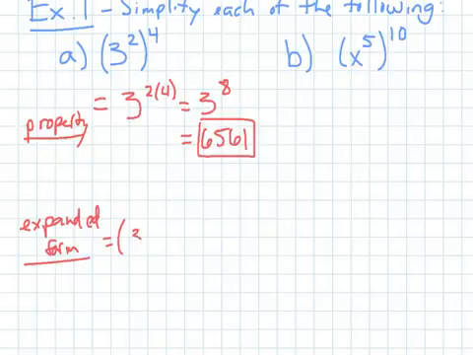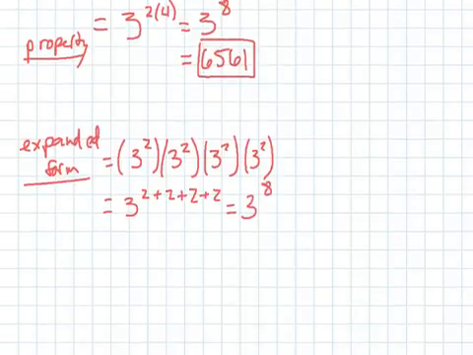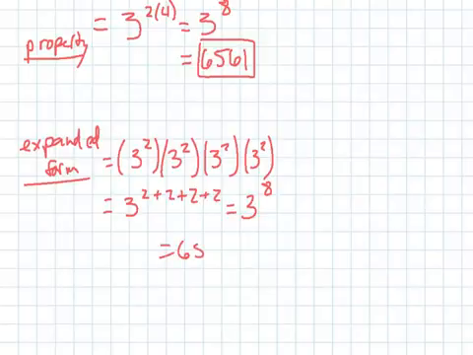So here 3 squared times 3 squared times 3 squared times 3 squared is what they're trying to say to me. So if we use our property from yesterday, these are all like bases. When I multiply like bases, I add the exponents. So 3 to the 2 plus 2 plus 2 plus 2 power, which is 3 to the 8th. And that gets you the 6,561 that we just found earlier.